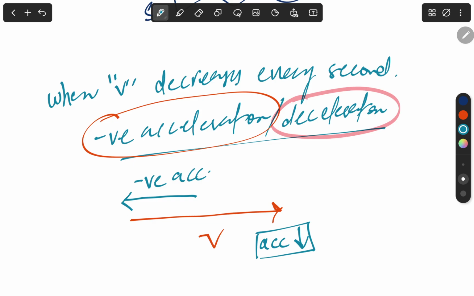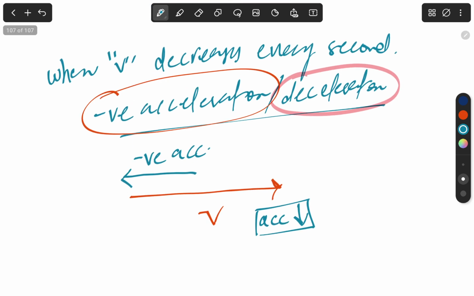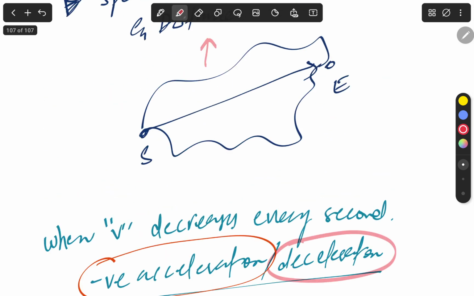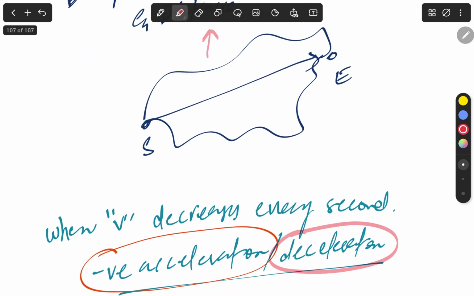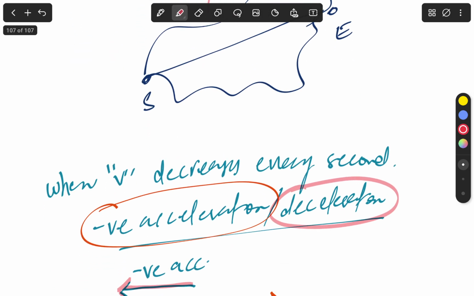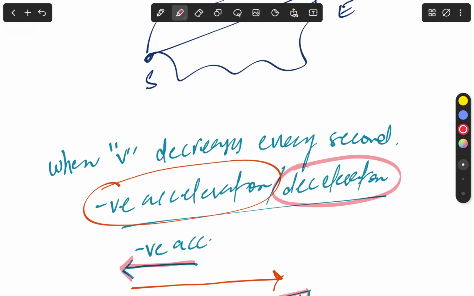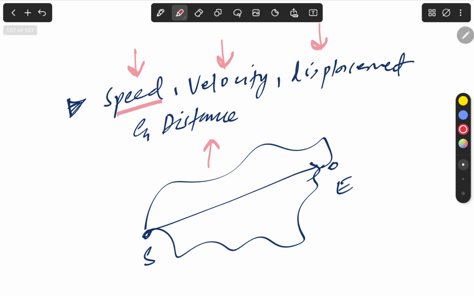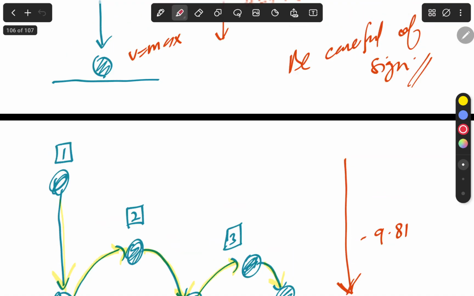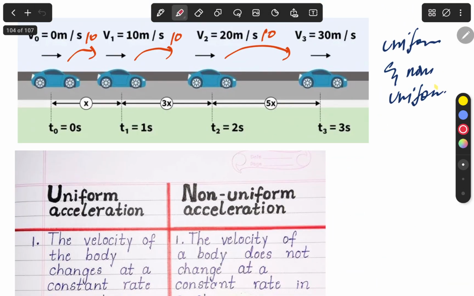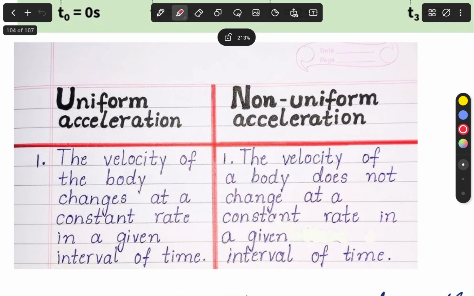They are interconnected, but they have some difference. Negative acceleration means acceleration is in the opposite direction. Deceleration means acceleration is decreasing. So when velocity decreases every second, we can say that either there is a negative acceleration or there is deceleration. Along with that, we also saw the difference between uniform and non-uniform acceleration.